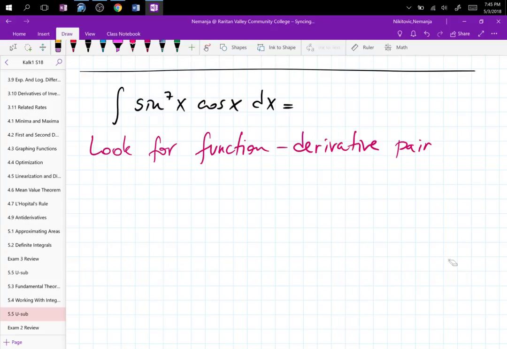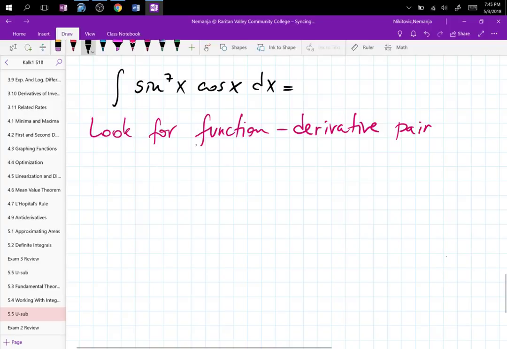Now, here's the $1 million thing. This is u. So the function from the function derivative pair is always your u, and its derivative will remain for du.